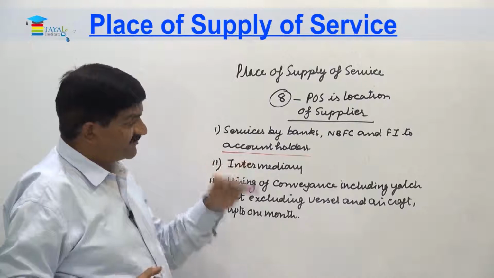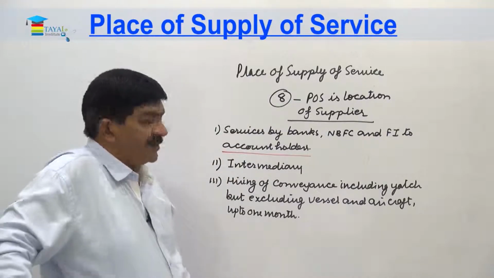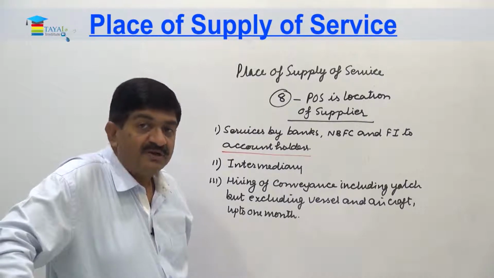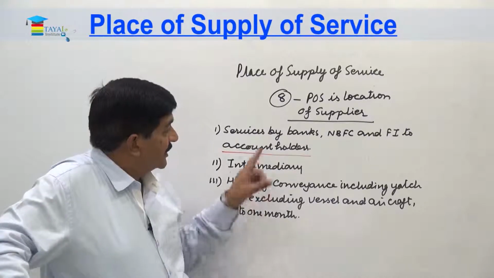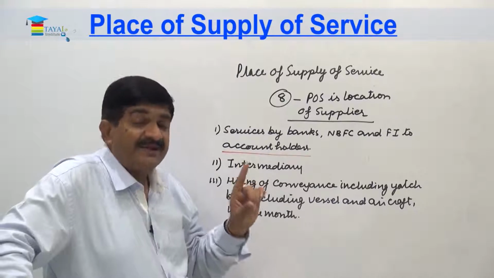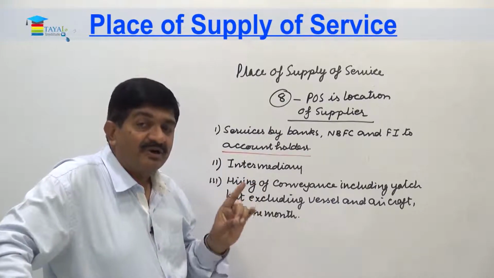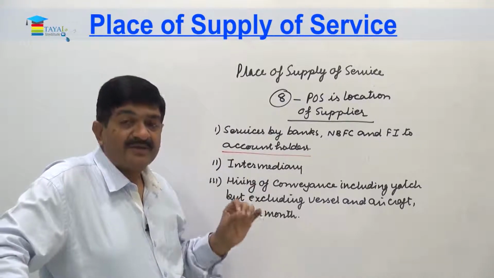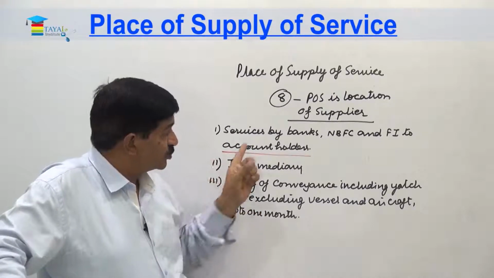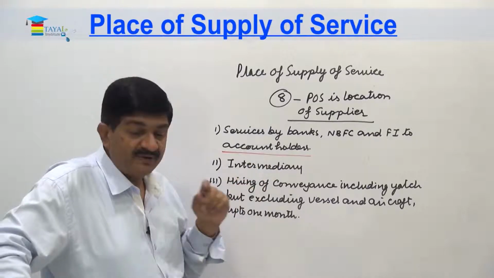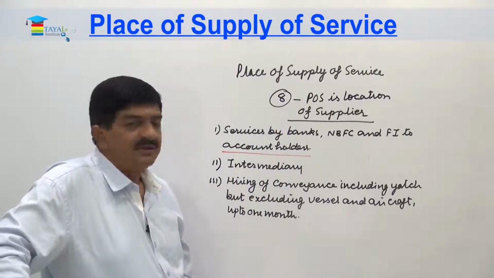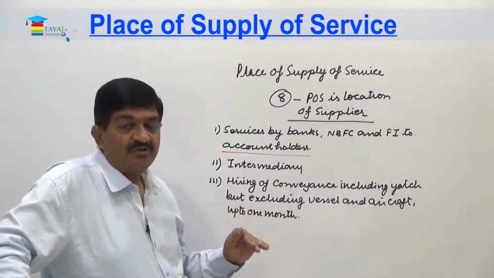So these 3 services are specifically mentioned, and for that we are talking about the place of supply shall be the place of supplier only, provided, again I am highlighting, either supplier or recipient is outside India. So in this case, services by banks, NBFCs, financial institutions to the account holder. Number 2, intermediary services. Number 3, hiring of conveyance. Okay, so this is subsection 8.